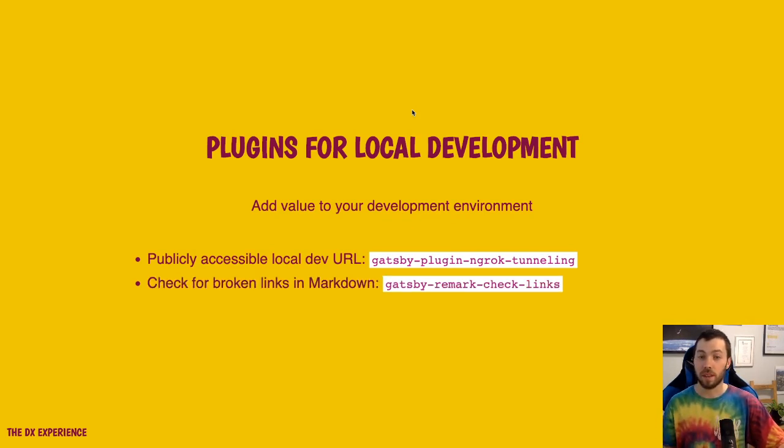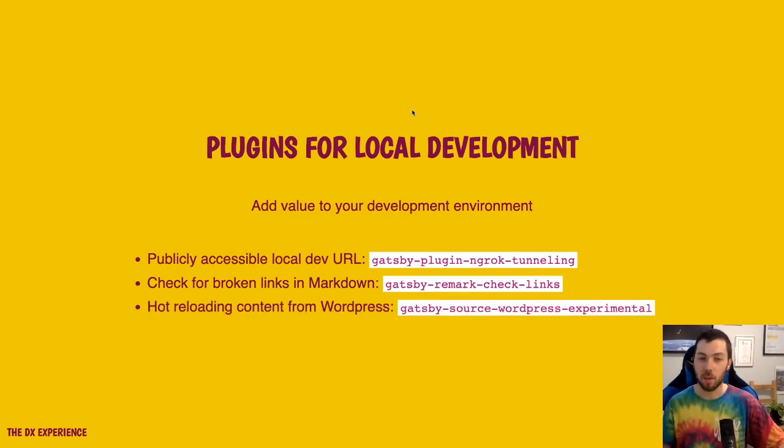When we were building the documentation, our documentation theme, we created this Gatsby remark plugin that checks for broken links between Markdown documents. This is really powerful, and I'm going to touch on this in a second, along with gatsby-source-wordpress-experimental, which is another really powerful local development plugin, along with being a WordPress source plugin.